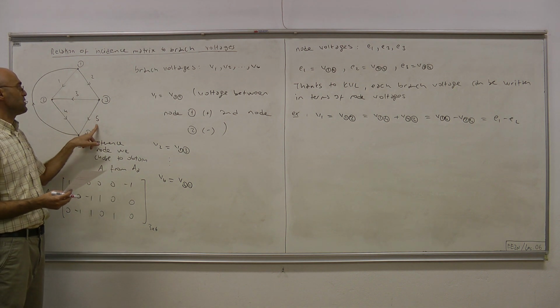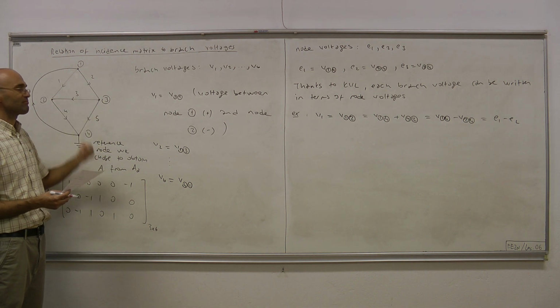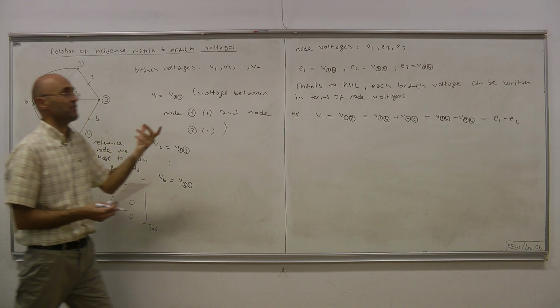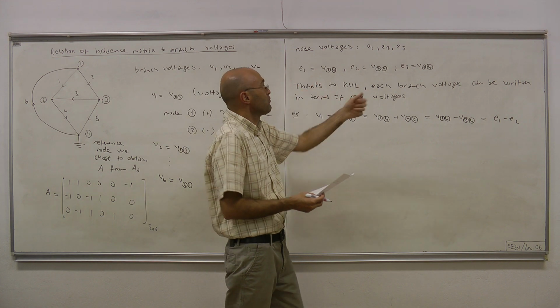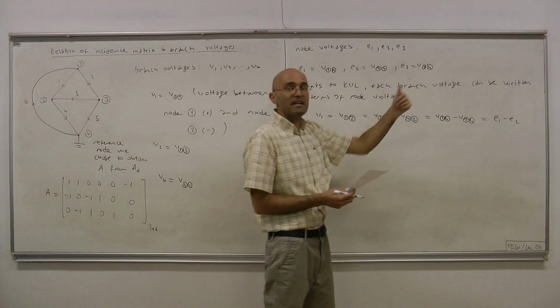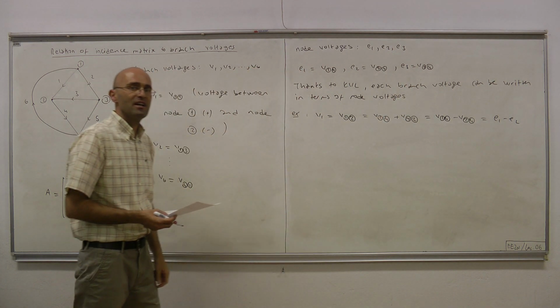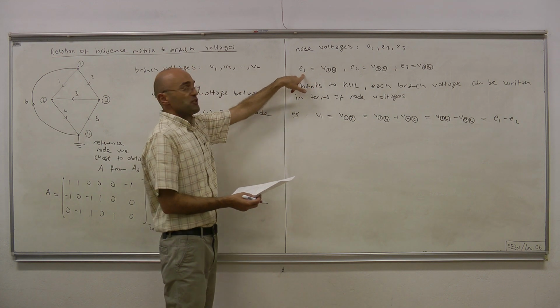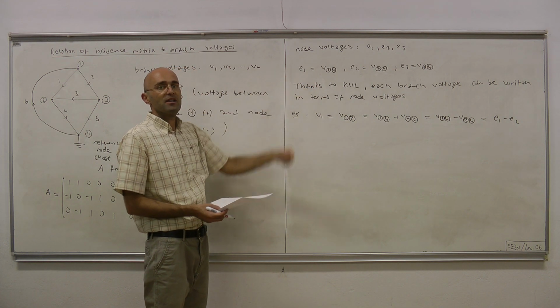Likewise, V5 is directly E3. E3 minus E4, but E4 is not defined. If you had to define E4, E4 would be V44, so by definition E4 is 0. Therefore, we don't need to represent it by some symbol.